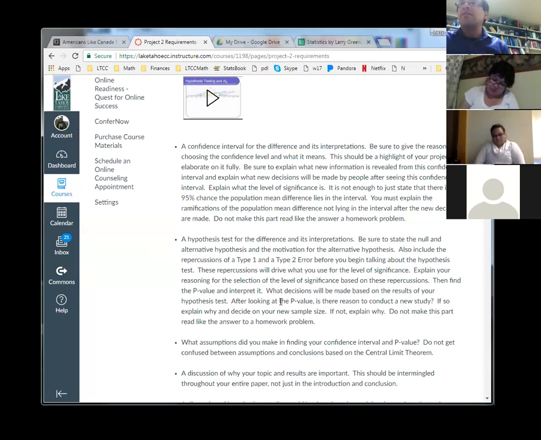Similarly, for the confidence interval, was your standard error small enough? Were you able to have a useful confidence interval with a decent level of confidence? If you were, then you should be satisfied with the standard error. If you're not, you're not. So all through this, you talk about the standard error.